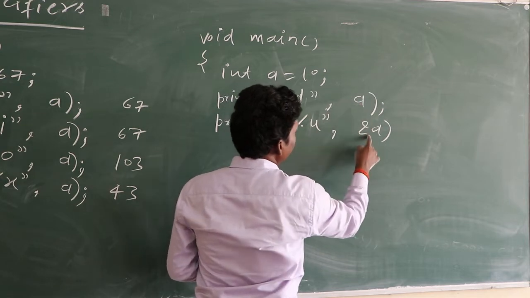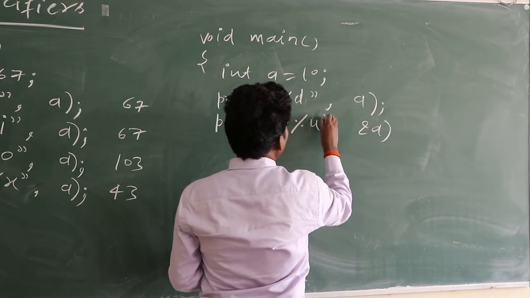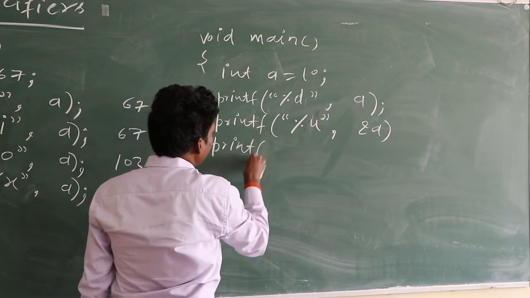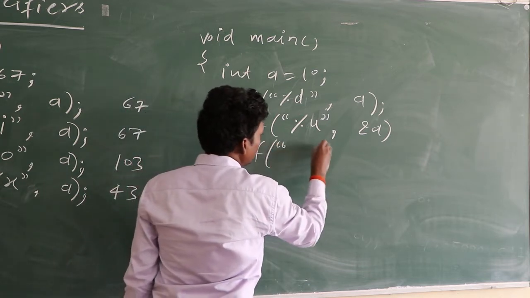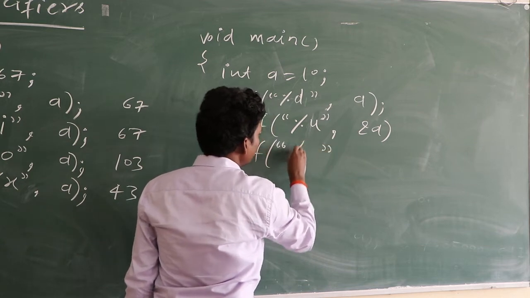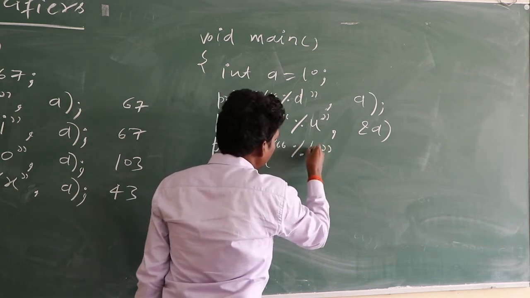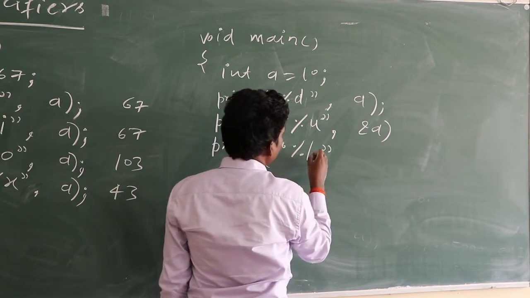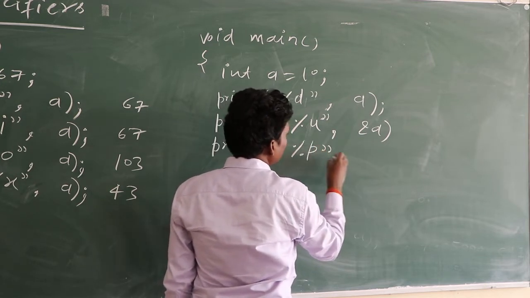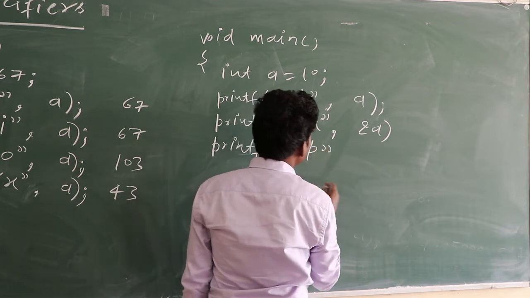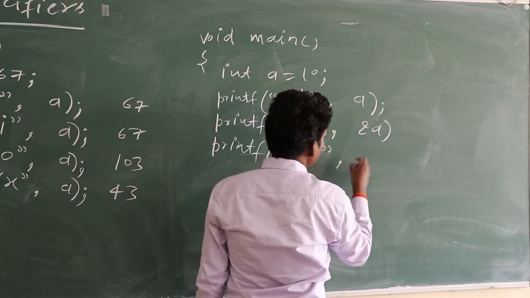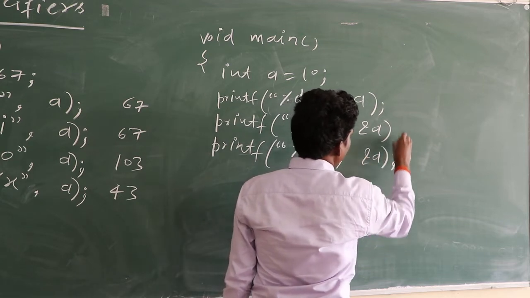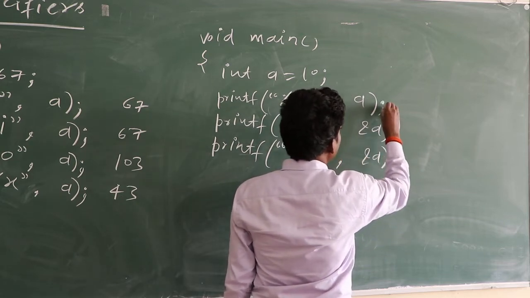Here is a, here is &a. Again printf, string, in this string %p, comma here &a, semicolon.